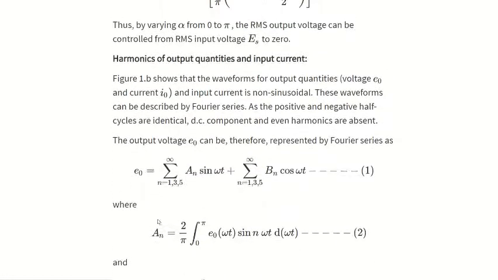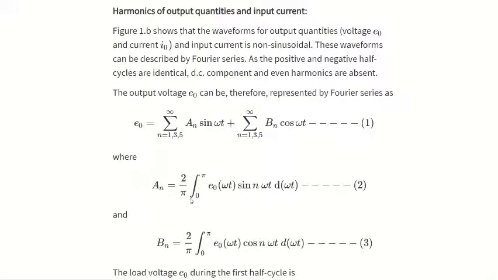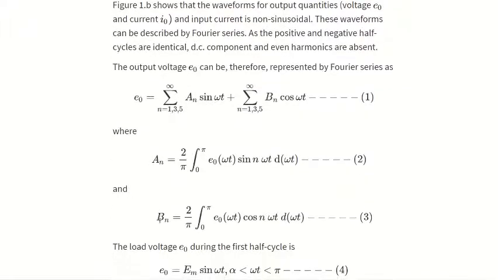Okay, so where An is 2 by pi, 0 to pi, E naught omega t sin n omega t d omega t. I hope you know all this. And Bn is given by 2 by pi, 0 to pi, E naught omega t cos n omega t d omega t.